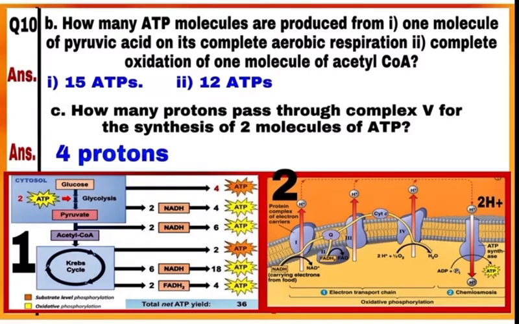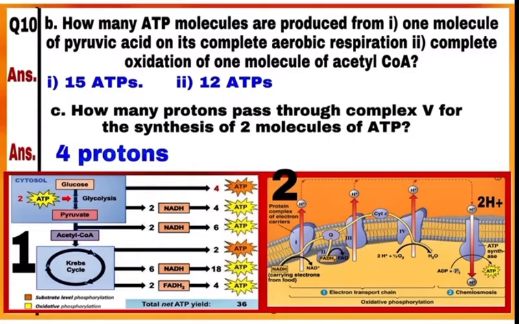Pyruvate acetyl coenzyme A में convert होता है, which enters in the Krebs cycle, and on its complete oxidation 12 molecules of ATP are formed. You can check the summary of ATP formed during complete aerobic respiration of 1 molecule of glucose, which is given in the table. Net 36 ATP molecules are formed on complete aerobic respiration of 1 molecule of glucose.